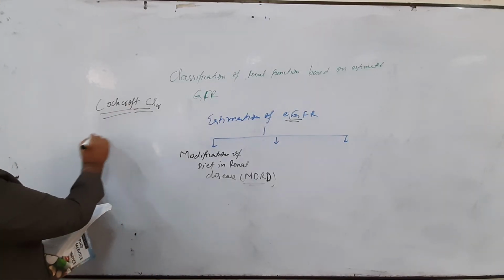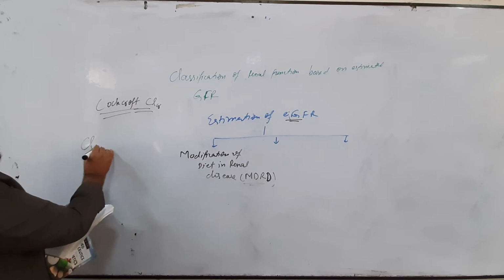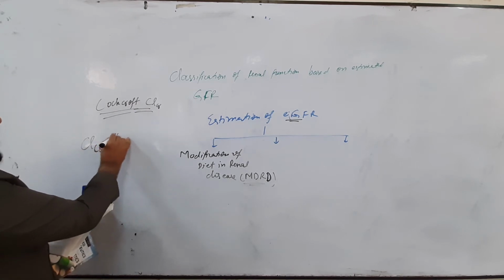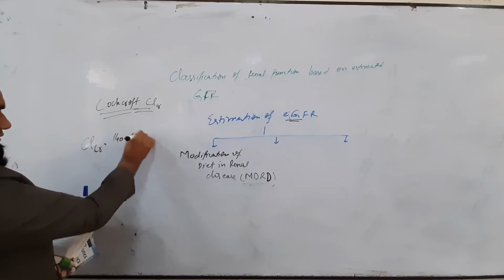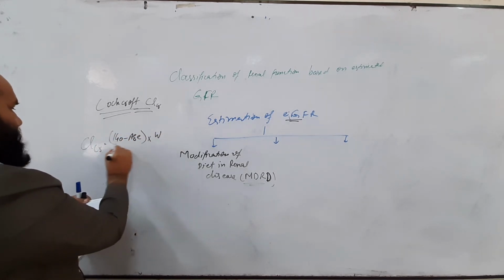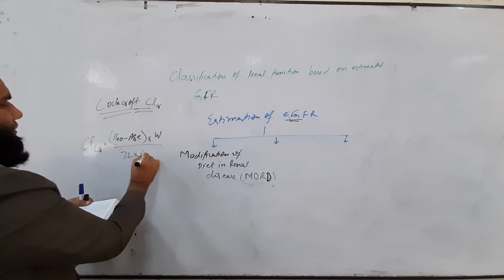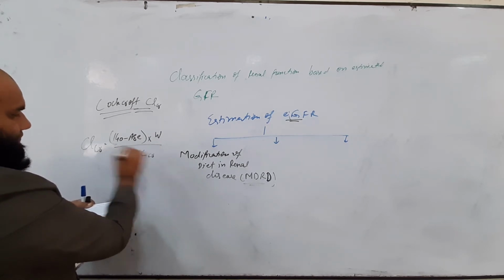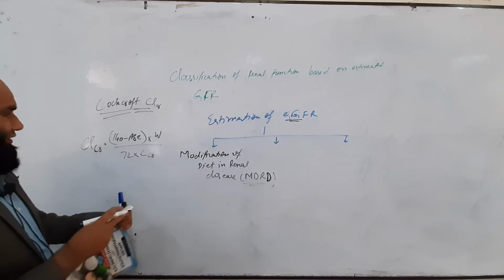In the Cockcroft clearance method, creatinine clearance was calculated by 140 minus age, times body weight, divided by 72 times creatinine concentration in milligram per deciliter.